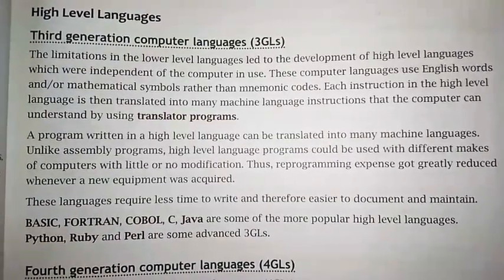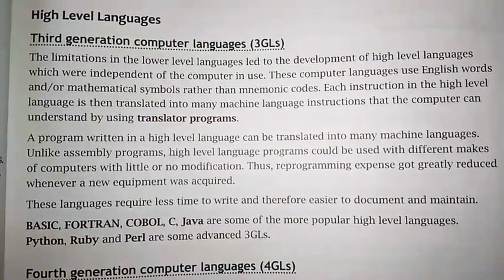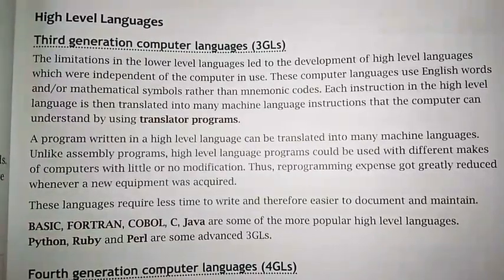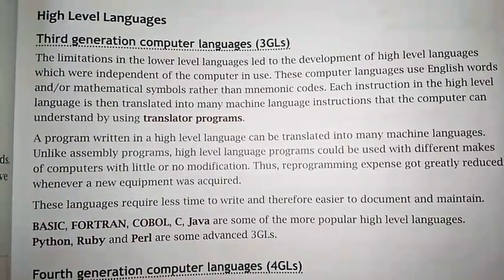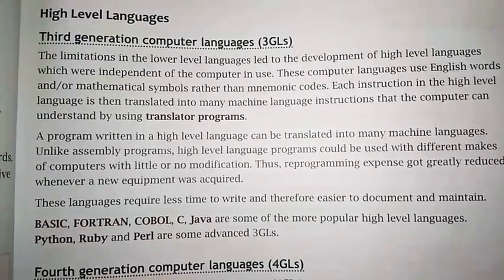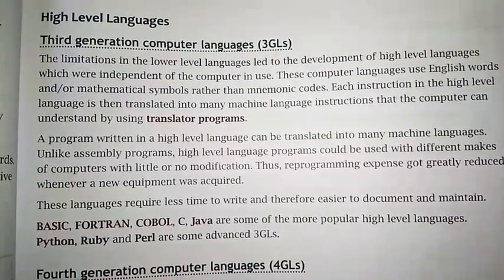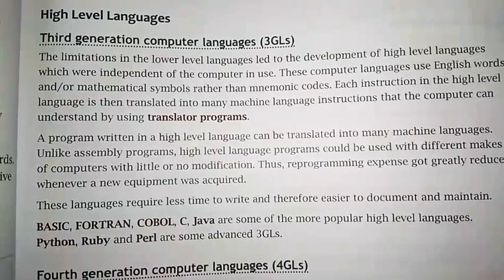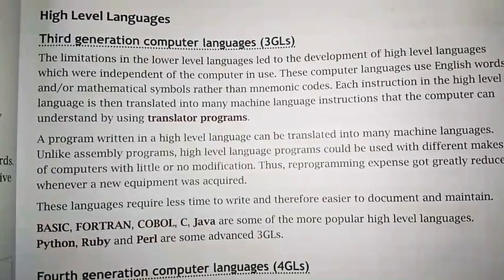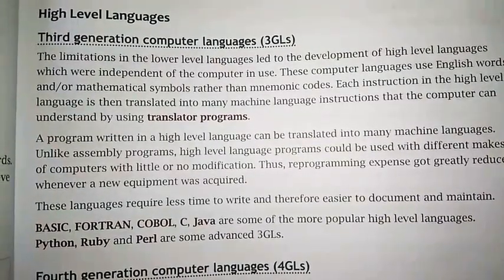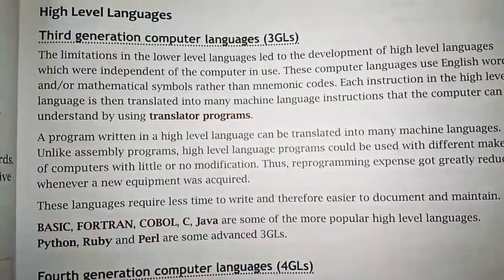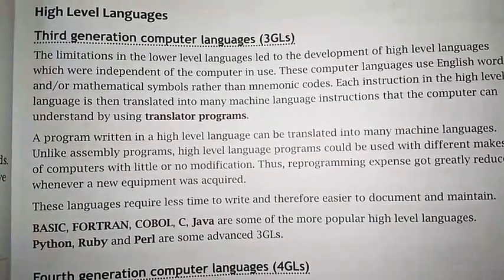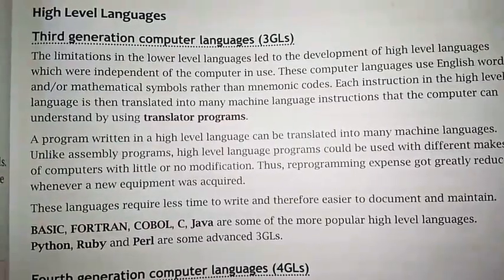Okay, these languages require less time to write and therefore are easier to document and maintain. According to this generation, the languages written in this generation were easy to write and therefore easier to document and maintain. Okay, and these languages are easy and they take less time to write.